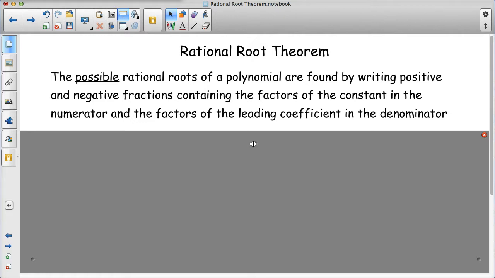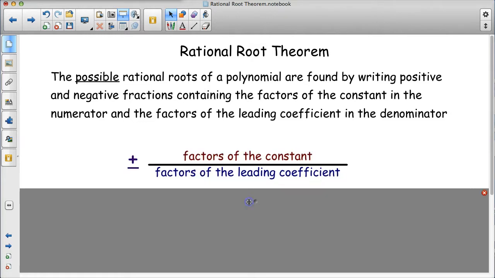A lot of words. What does that mean? Well, it means that we're going to write a series of fractions, plus or minus. Each fraction will be composed of a factor of the constant in the numerator and a factor of the leading coefficient in the denominator. Now, these are going to tell us the possible rational roots of the polynomial.